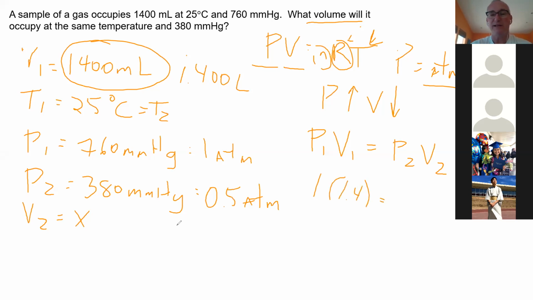So our P1 is 1, and our volume is 1.4. Now I would be putting units in here, but it's kind of hard to write the units with this particular pen. So our P2 is 0.5, and our V2 is unknown. So basically V2 is 1.4 divided by 0.5.